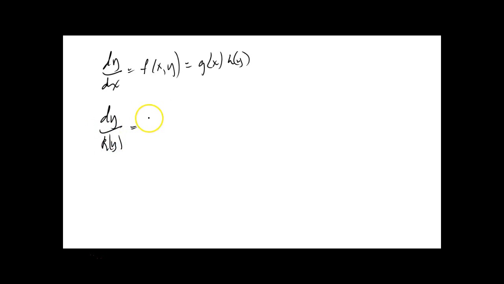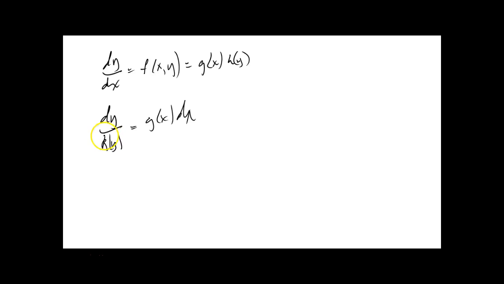All right. So what we have then, what you had initially was dy/dx equal to some f of x,y. And we said if we can make the f of x,y a g of x times an h of y, if we can separate the variables, then we can proceed. Well, what you would have then, when you write in differential form, as we did before, is dy over h of y equal to g of x dx.